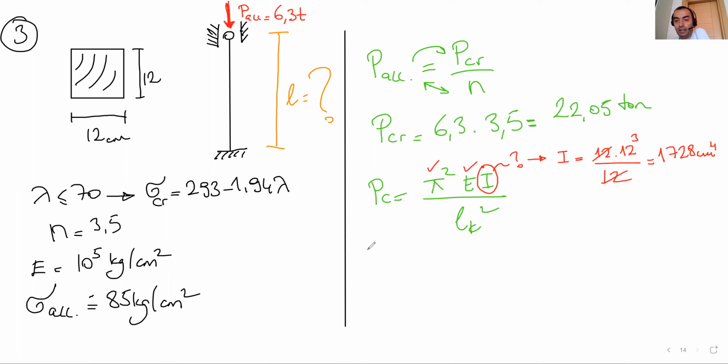This is I. Let's put I here. This is the critical load. E is known, I is known.